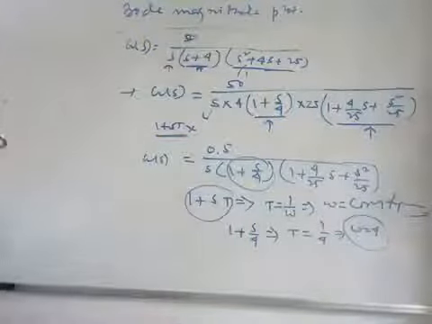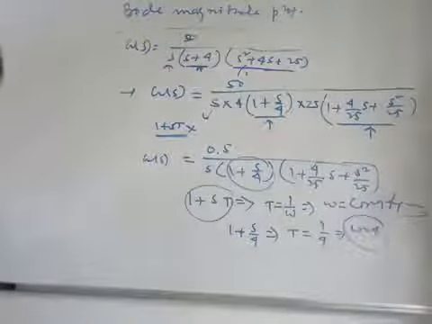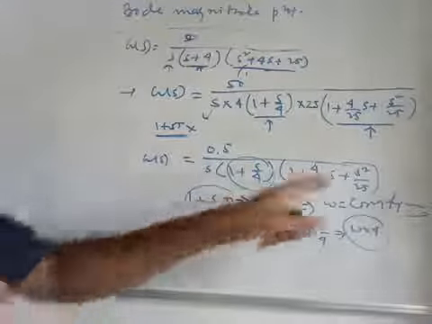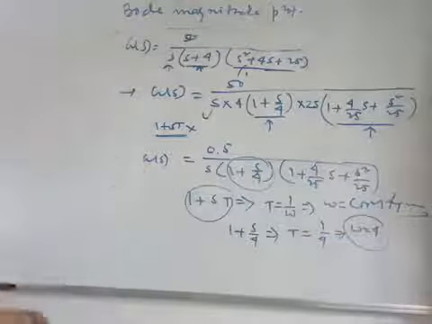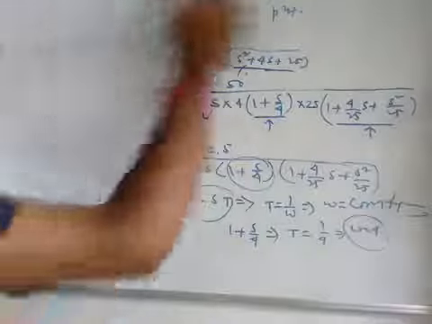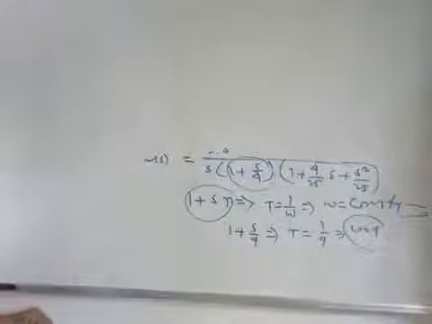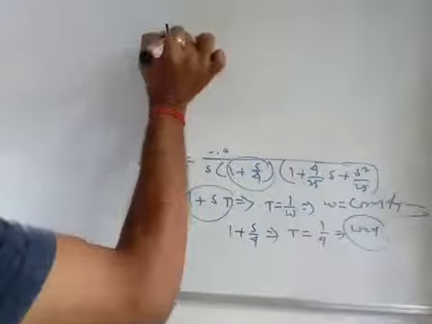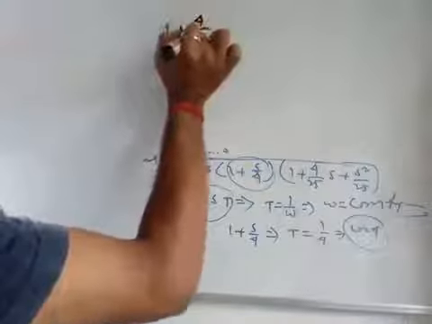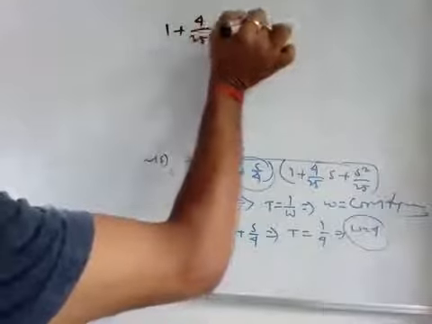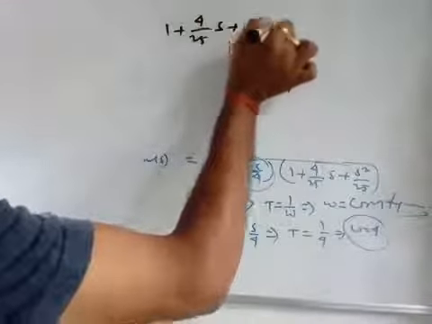Here you see I can write this factor like this: 1 plus 4 by 25s plus s square by 25, right?